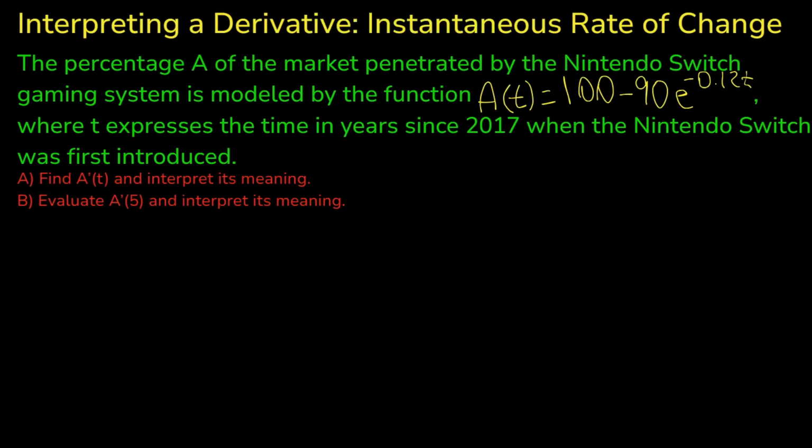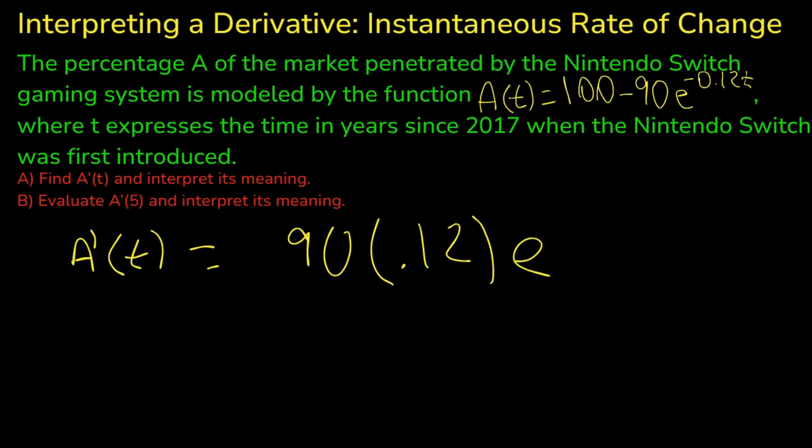Now, we'll do one more example. The percentage A of a market penetrated by the Nintendo Switch gaming system is modeled by the function A of t, where t expresses the time in years since 2017, when the Nintendo Switch was first introduced. First, find A prime and interpret its meaning. A prime is going to be 90 times 0.12 e to the negative 0.12 t.